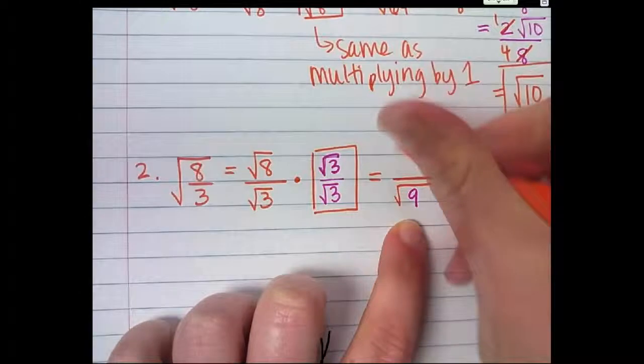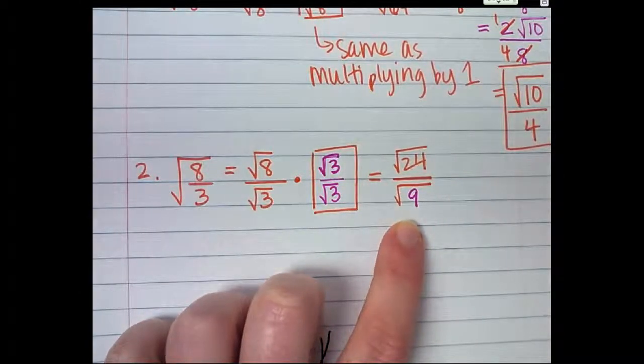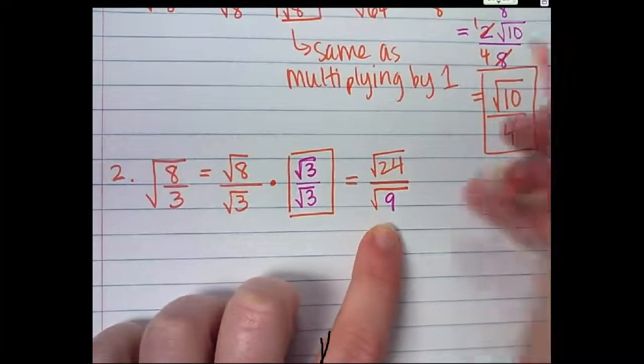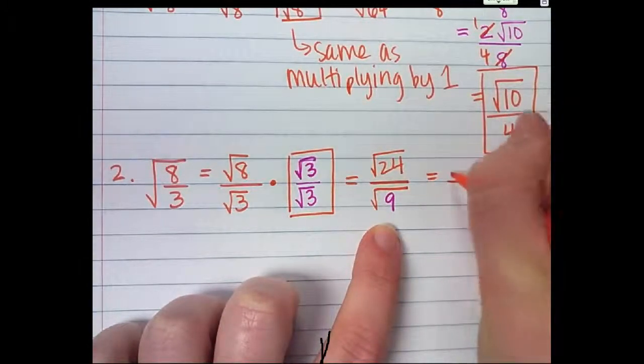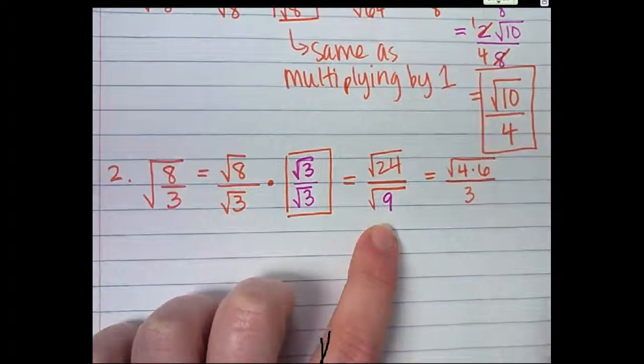What do I get on top? Square root 24. So on the top, if I break this apart, we get what? 4 times 6, and on the bottom we have a 3.